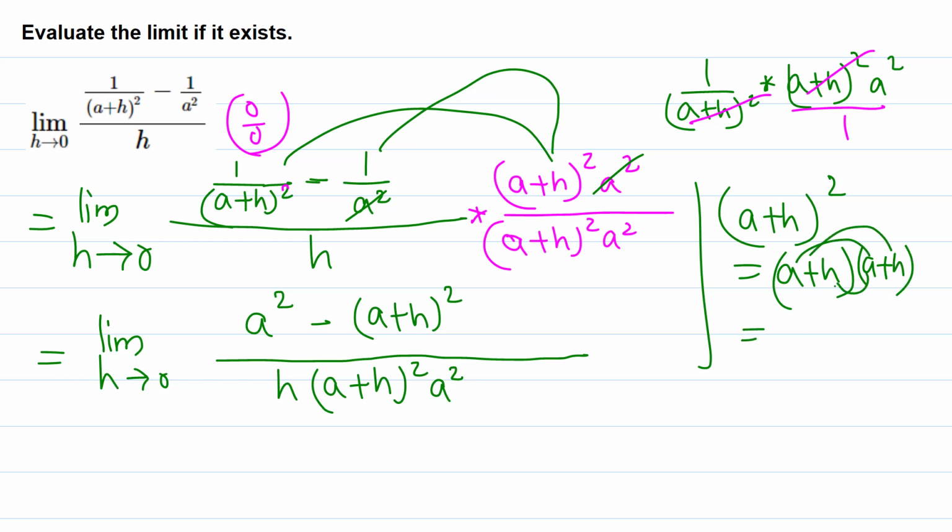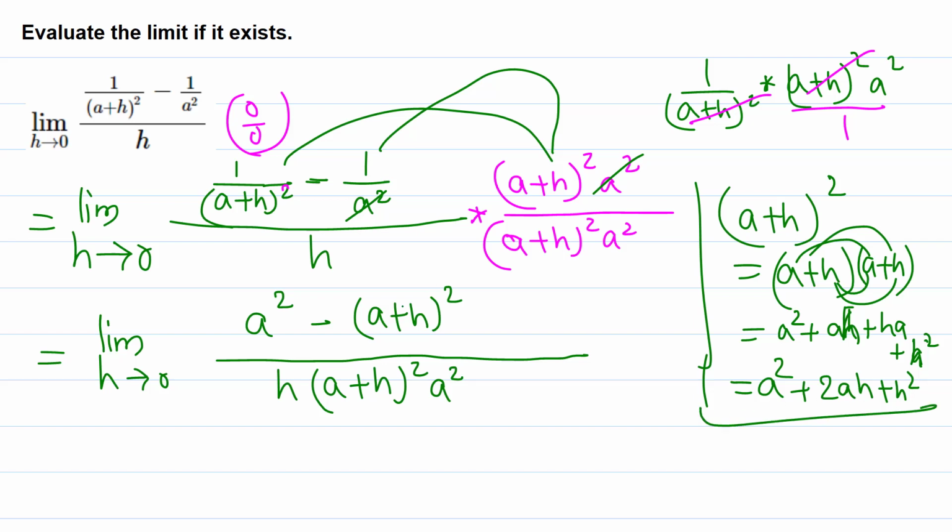FOIL: this is a squared plus ah plus ha plus h squared. ah and ha are the same, so we can combine these two. This comes out to be a squared plus two copies of ah plus h squared. So that goes here, and there is a minus sign, which means negative 1, so we need to distribute negative 1 from outside. I'm going to write that in the next step.